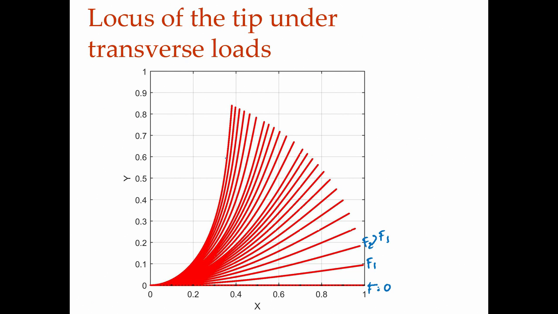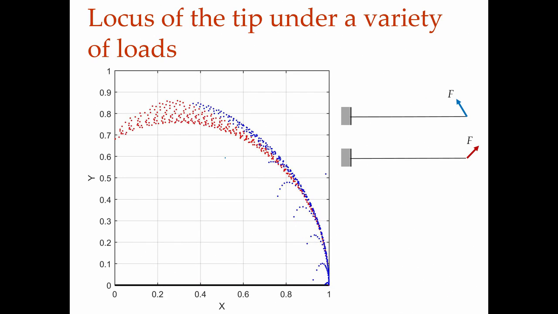It may help to look at this picture where I have drawn it using the MATLAB codes that we saw in the last lecture, where I have taken the case where there is a transverse force and a compressive axial force, and the other case where we have the transverse force and a tensile axial force.